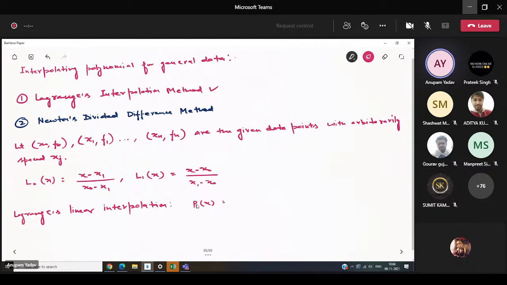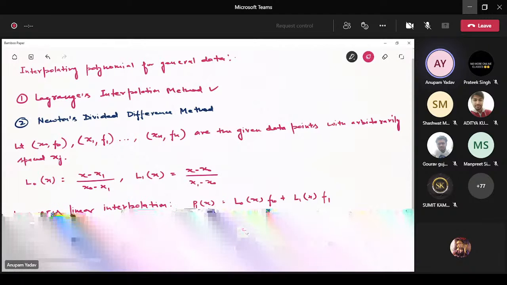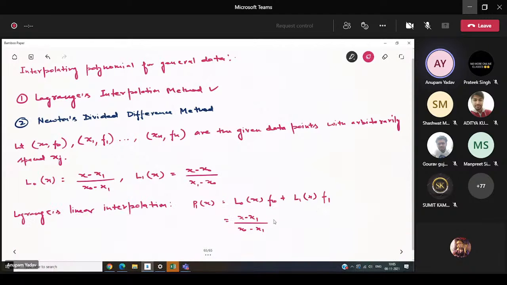P1 means we are getting a polynomial of degree 1, P2 means polynomial of degree 2. It is L naught x into f naught plus L1x into f1. Basically it will be nothing but L naught x, we can put the value that we defined here. This is x minus x1 divided by x naught minus x1 into f naught.